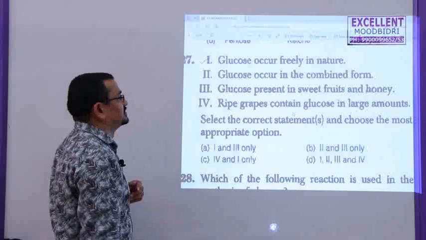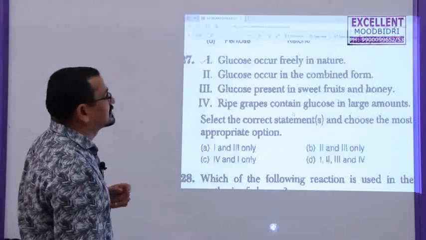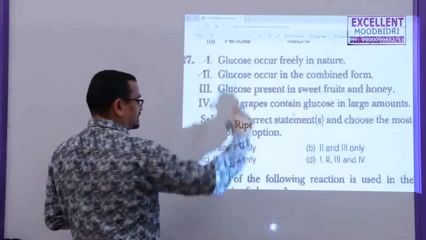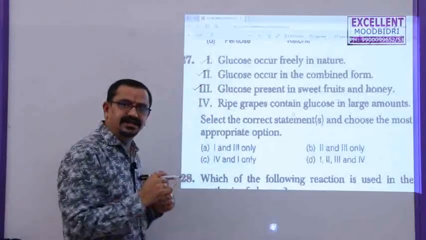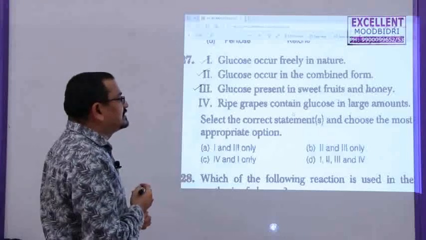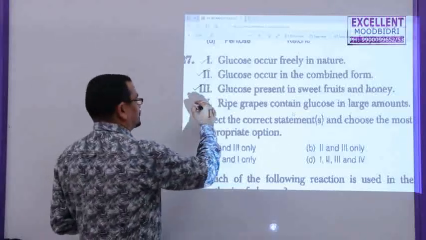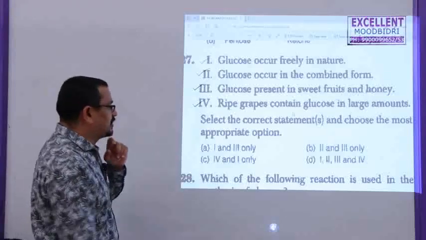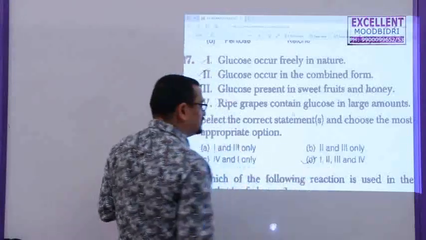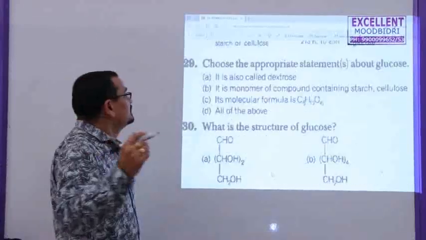Glucose occurs in the combined form, yes, this is also correct. Glucose is present in sweet fruits and honey, and ripened grapes contain glucose in large amounts. So as per these options, the correct statements and appropriate option means 1, 2, 3 and 4.